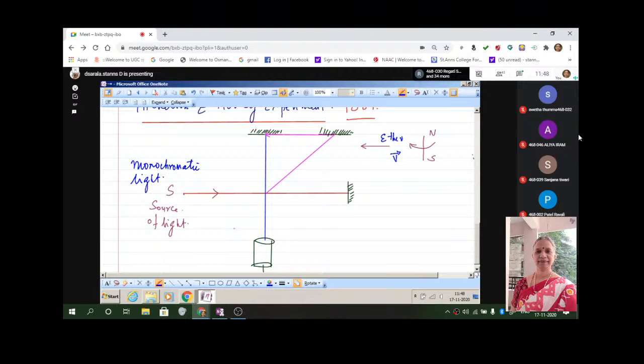This is a monochromatic light falling on a mirror here. This mirror is a half silvered mirror.